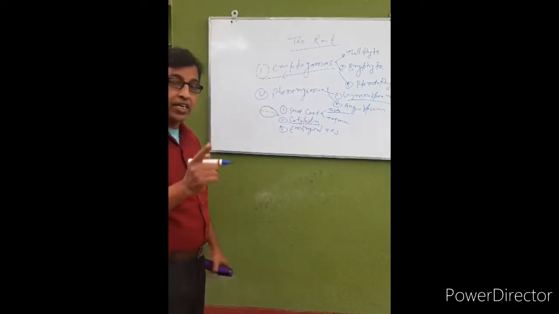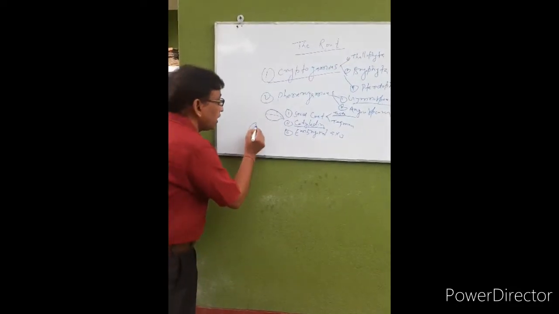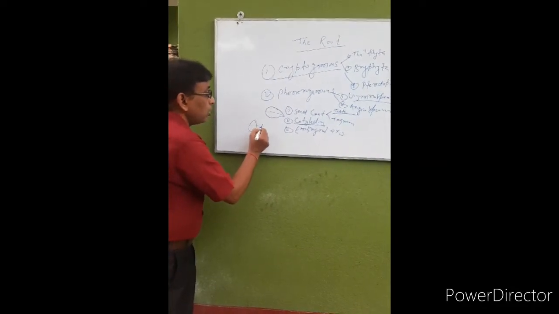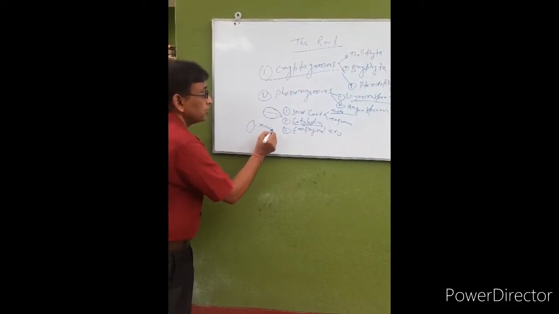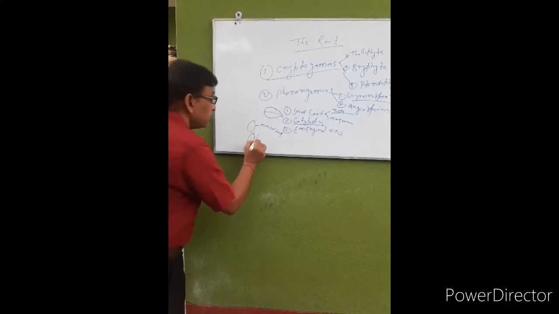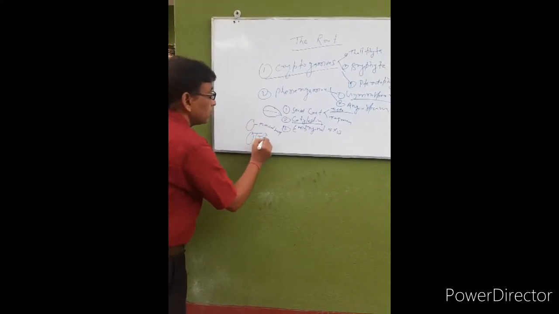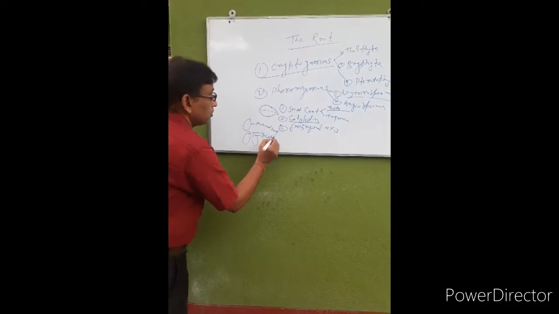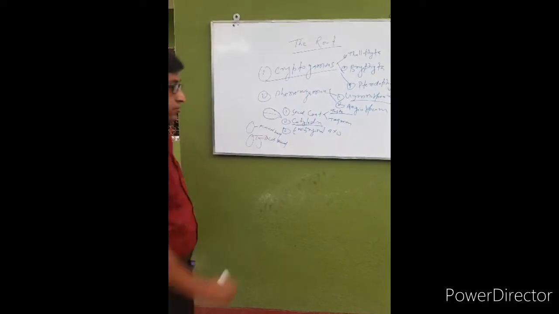The seed containing one cotyledon is called monocot seed. The seed containing two cotyledons is called dicot seed.